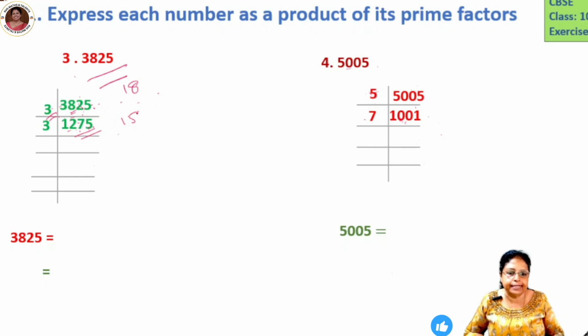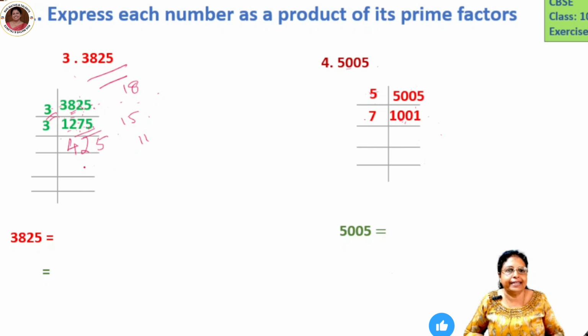Again, 1 plus 2 plus 7 plus 5 is 15, the sum of the digits. It's a multiple of 3, so you can divide it by 3. 3 fours are 12, 3 twos are 6, 1 is remainder, 15 divided by 3, you will get 5. So we got 425. If you add 4 plus 2 plus 5, it is 11. It is not divisible by 3.